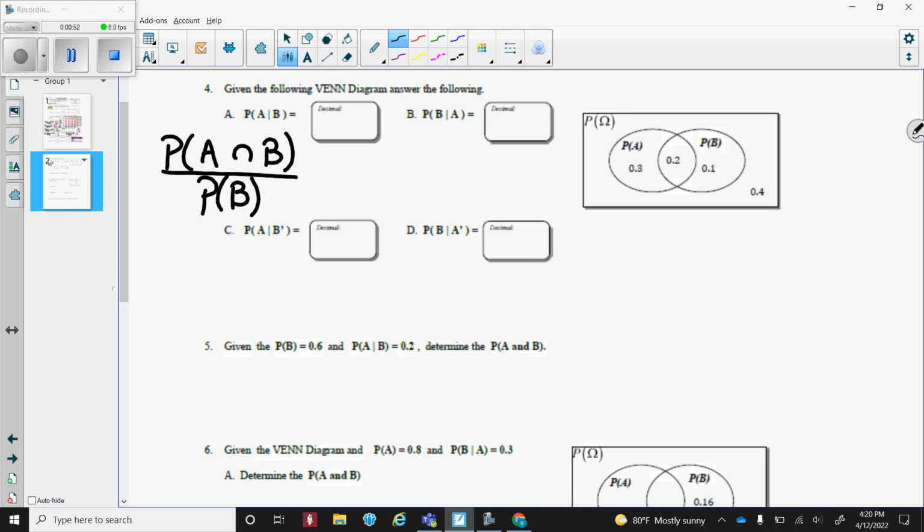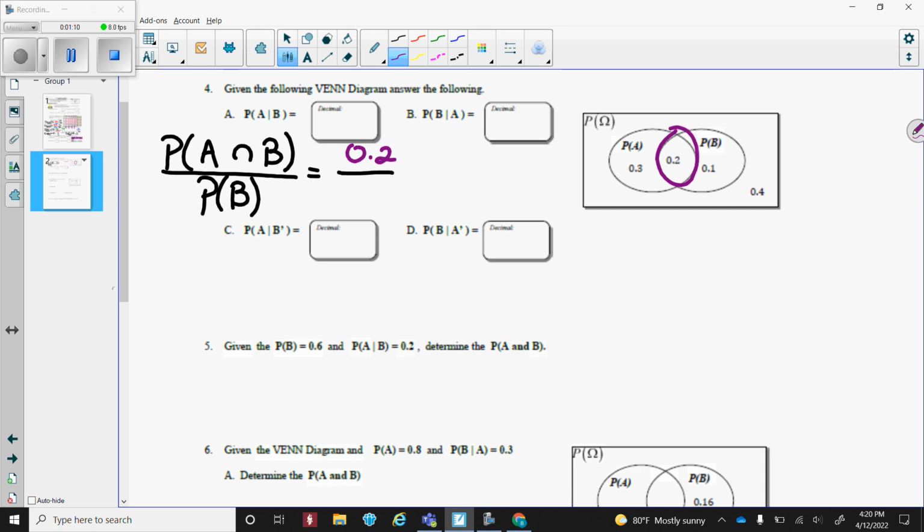Where it says A and B, in a Venn diagram, that's just where they overlap. So my A and B is 0.2. So I'm going to write that down as the top of my fraction.